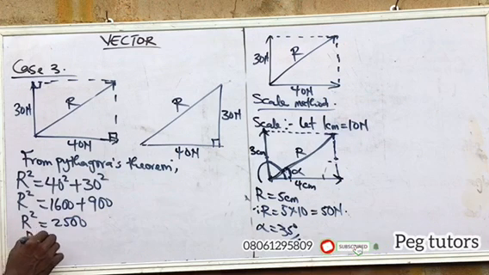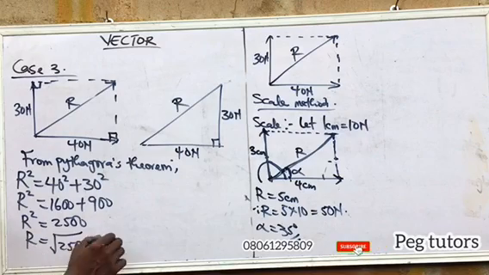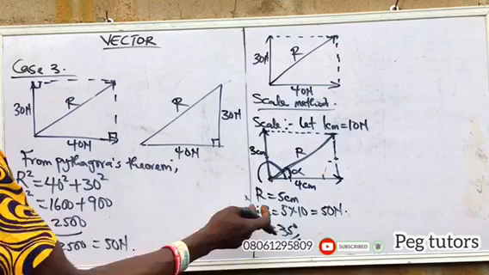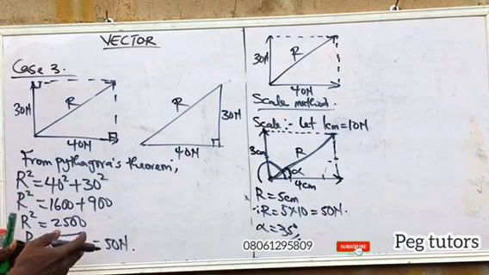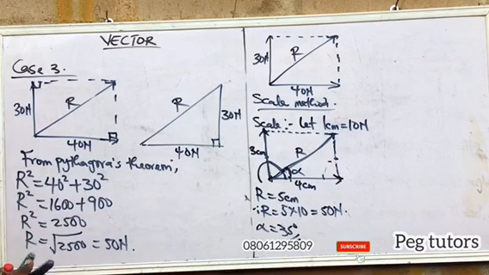So arrow will now be equal to the square root of 2500. That gives us 50. So arrow then is equal to 50 Newton. Remember, what you have here when you do the scale method must almost be the same thing, if not the same, as what you also have in your analytical method.